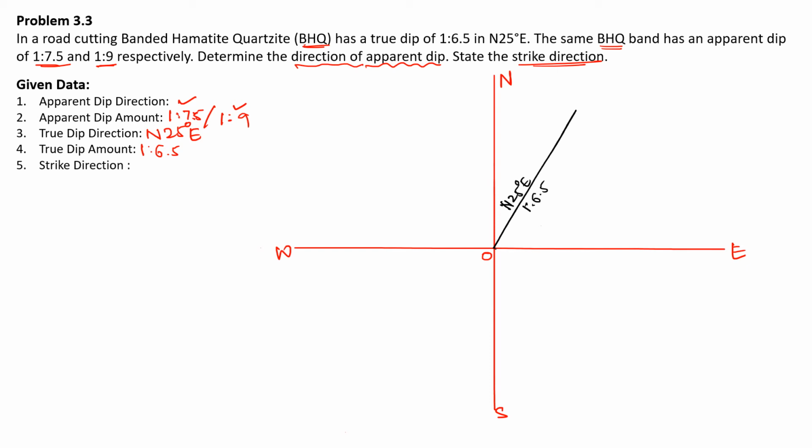So I will take 6.5 here only, and name that point as point A. Now I need to plot a perpendicular line to that. So probably a bit of this kind.